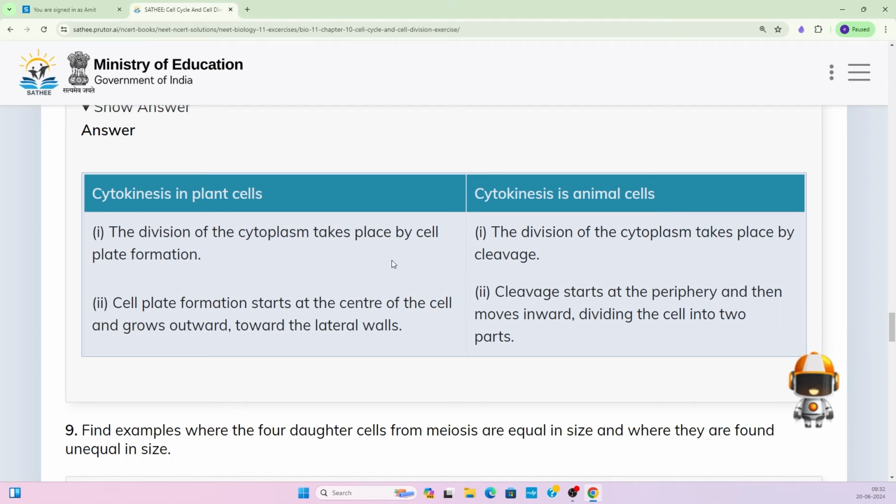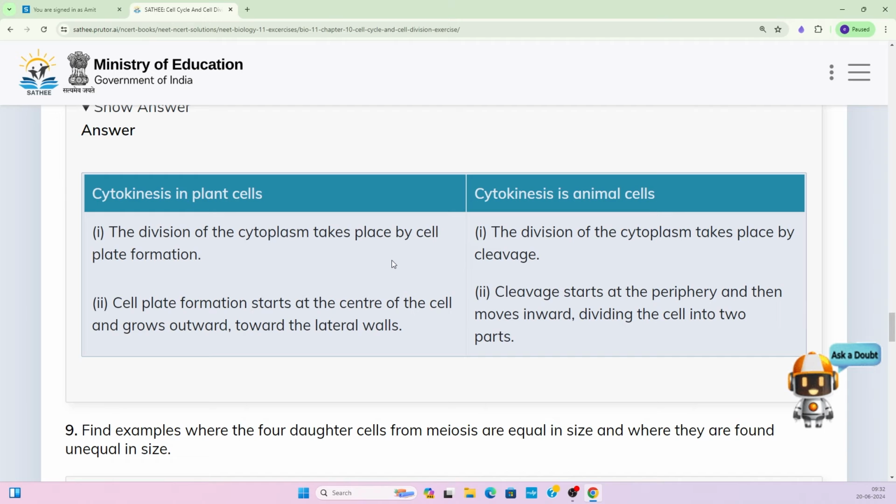So the division starts from the center inside the cell in the case of plant cell, and in the case of animal cell, the cleavage starts at the periphery and then moves inward, dividing the cell into two parts. So the cleavage starts from the outside like this, and it moves inside.